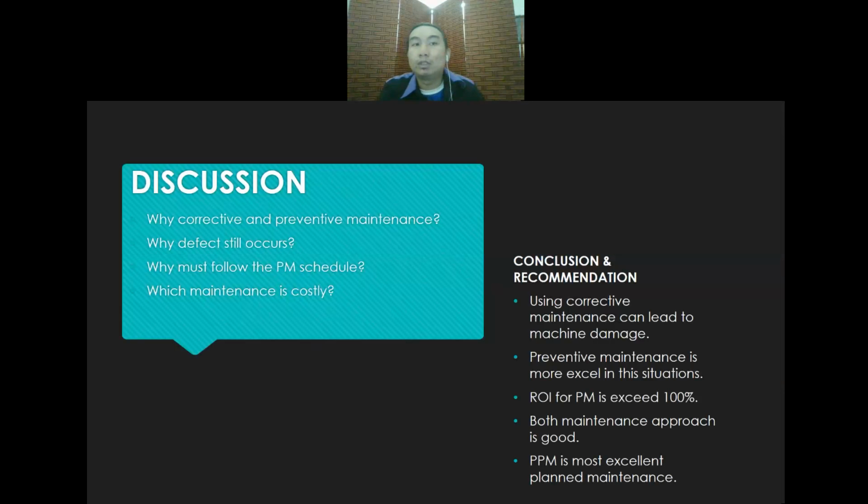We move on to the discussion. There are 4 questions being discussed. Firstly, why corrective and preventive maintenance? There's other maintenance such as CBM, condition based maintenance, but corrective and preventive are both main branches of maintenance.